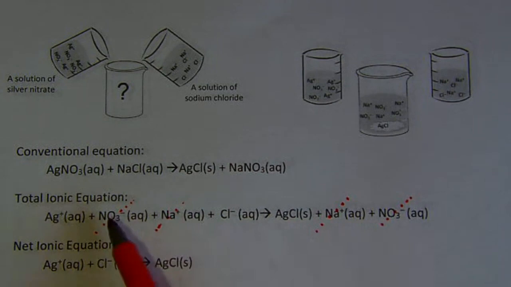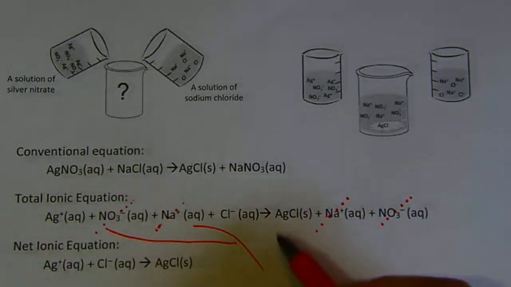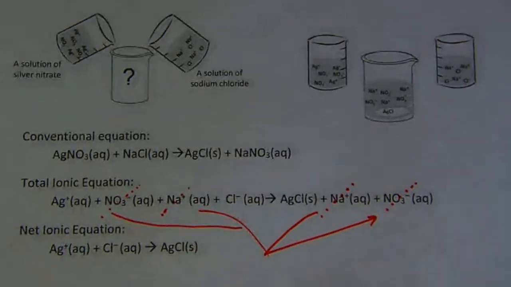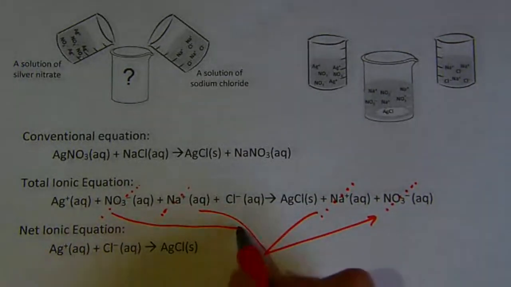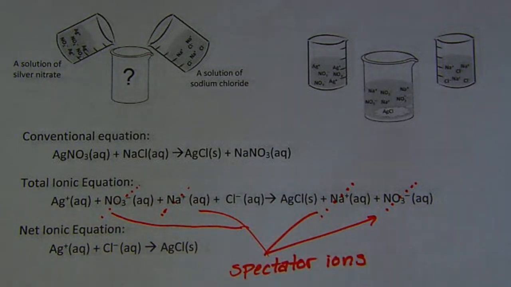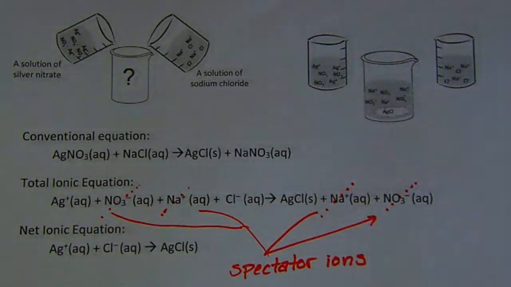These things that I marked out and ignored are called spectator ions. They're there, but they're not participating in the reaction.